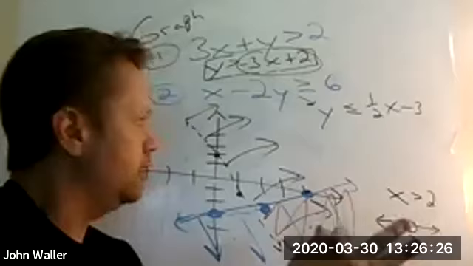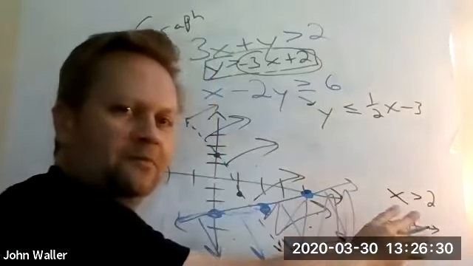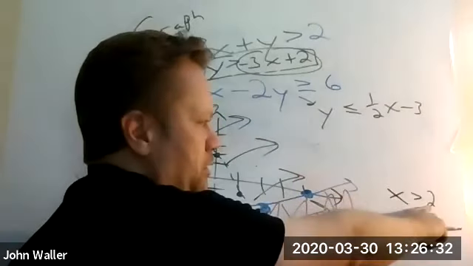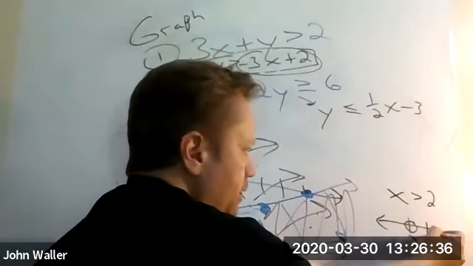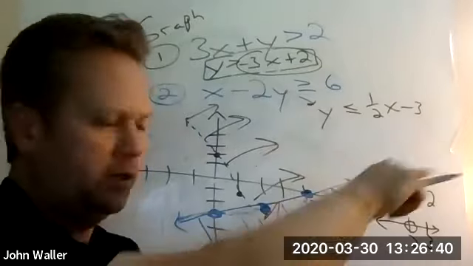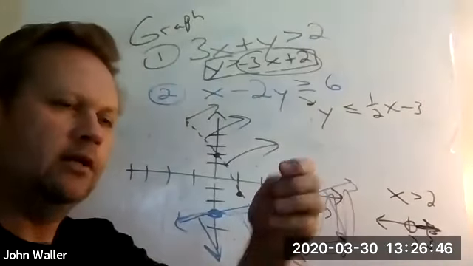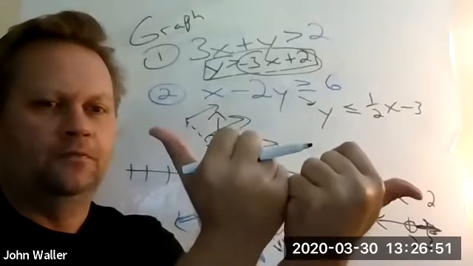Okay. Then, how do you determine the shading? Now, this is easy. When it's one dimensional like this, there's an arrow that points you how to shade. But if you think about it, if you plug a 3 in, does it work? Is 3 bigger than 2? Yes. That's why we shade that way, because 2 divides it up into answers and not answers.